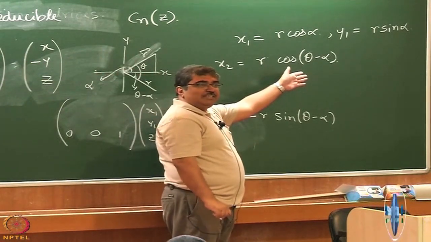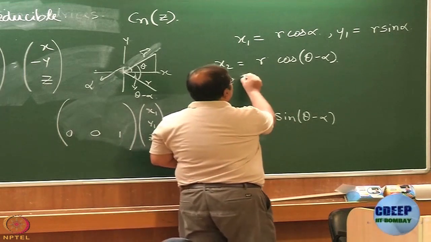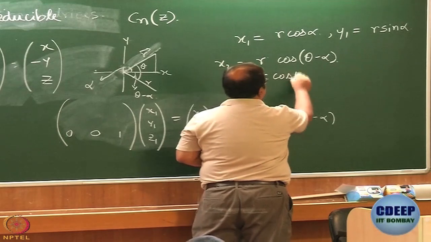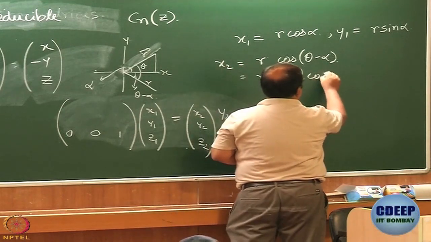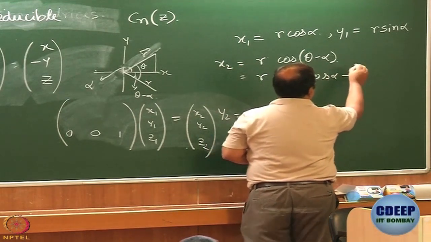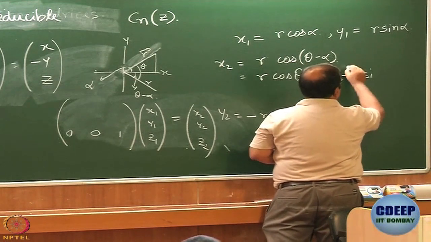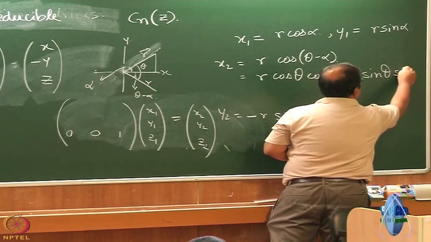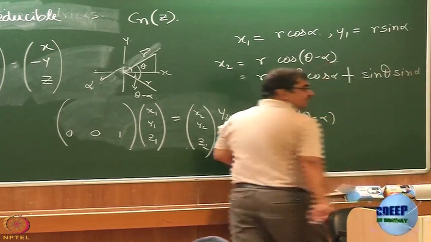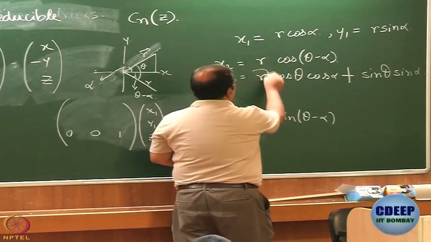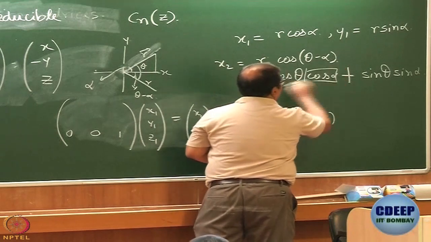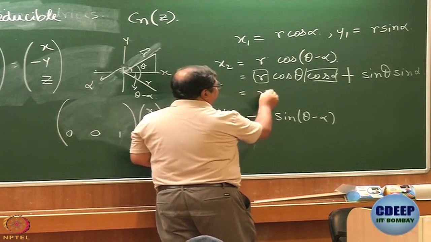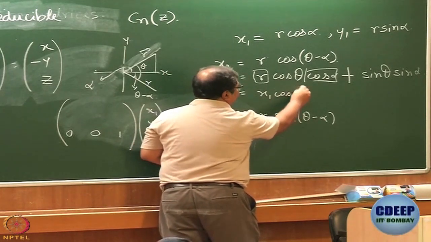Okay. Now, not very difficult to expand this. What is cos theta minus alpha? Tell me. Cos theta cos alpha, minus plus, very good, sin theta sin alpha. Okay. Now, see, what is r cos alpha? x1. So, x1 cos theta.